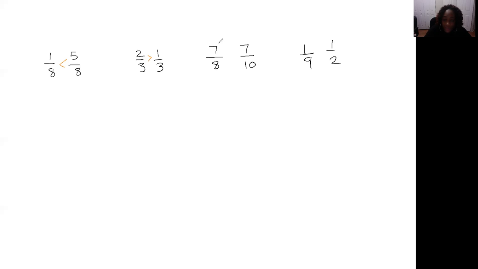Now, it's different when the numerators are the same. You look at the denominators, and whoever has the smaller denominator is actually bigger. Think about it like this. If you're eating a pizza and you have 7/8, that means you've eaten 7 out of 8 slices. But if you have 7 over 10, you still have 3 slices left.